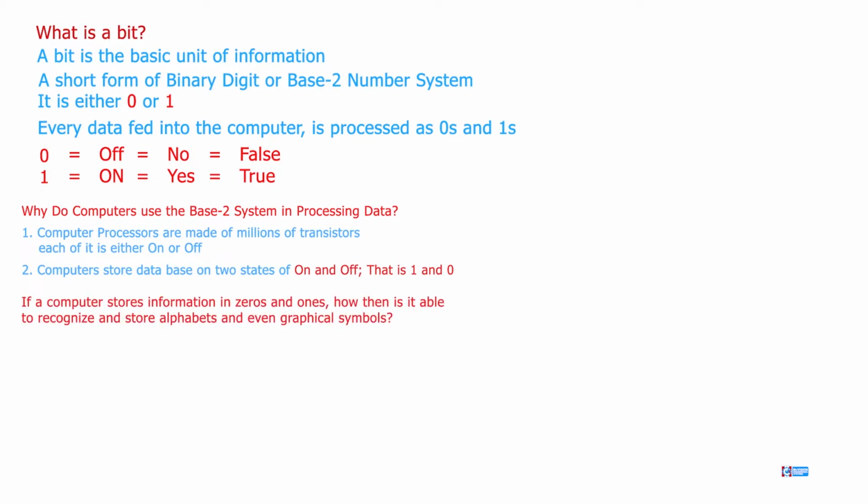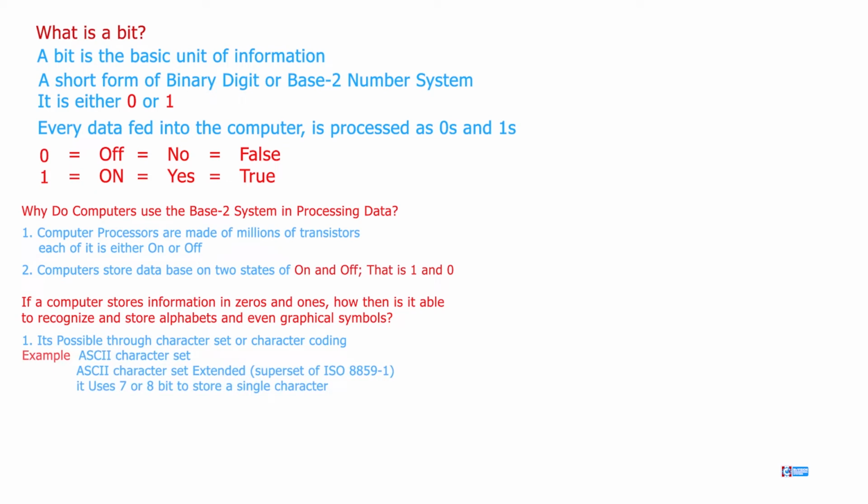Another question is, if a computer stores information in zeros and ones, how then is it able to recognize and store alphabets and even graphical symbols? The answer is that, in computing, there is something called character sets or character coding.